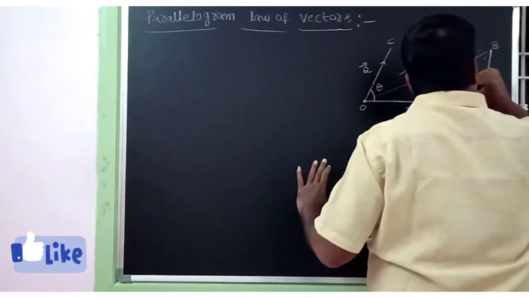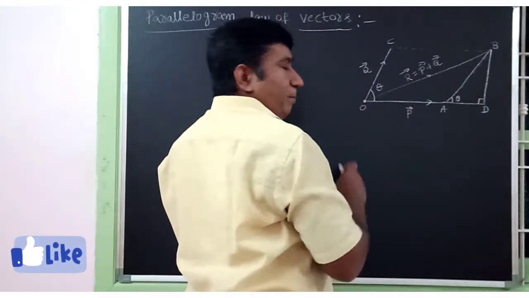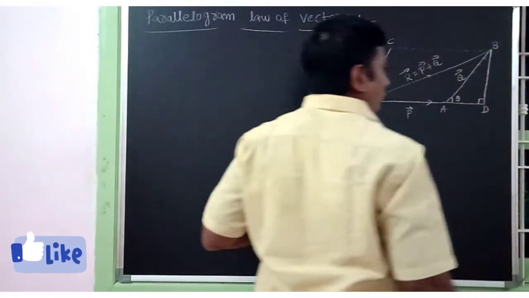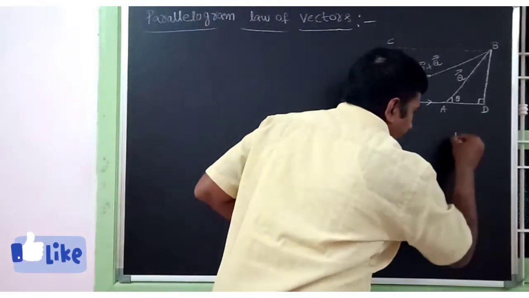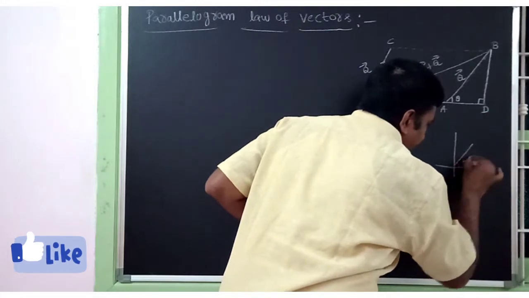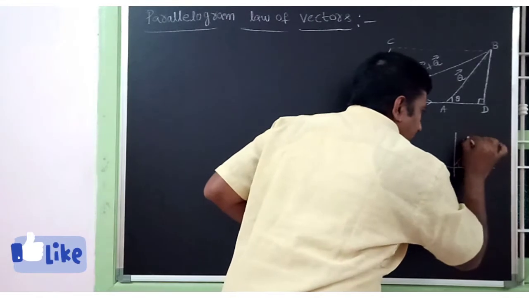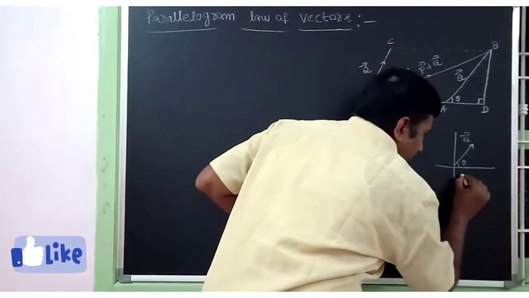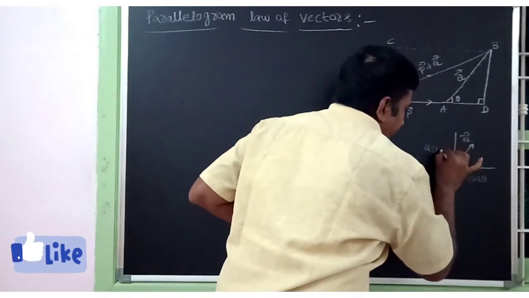So we know these are parallel. Parallel means having the same direction, so this can act as a Q vector. If you remember very well, I said this makes an angle of theta. If this is a Q vector, Q can be resolved into two components, which are nothing but Q cos theta and Q sin theta.